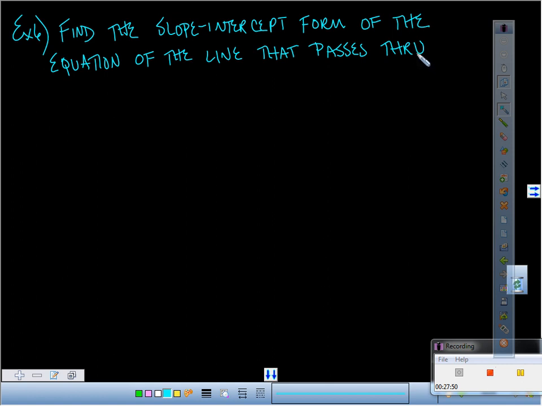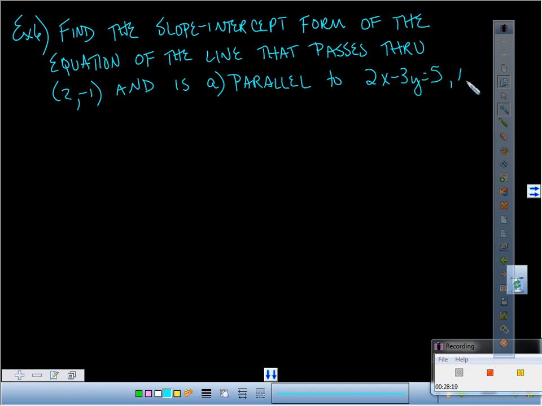The equation of the line that passes through (2, -1) and is A, parallel to 2x minus 3y equals 5, and B, perpendicular to 2x minus 3y equals 5.